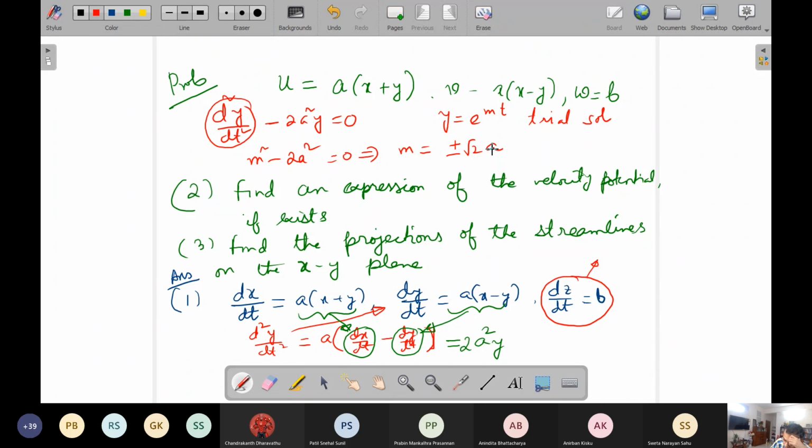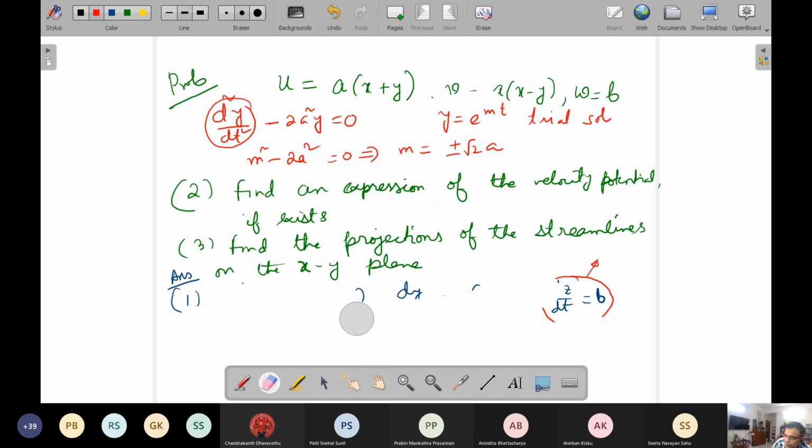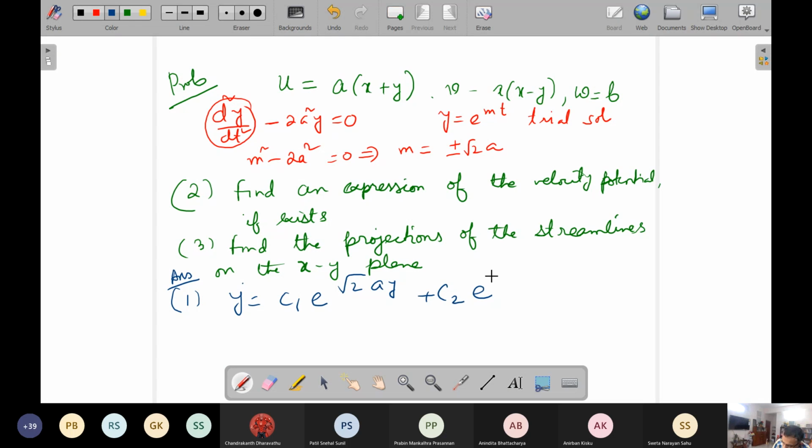So the solution is a linear combination of the two solutions. That means y equal to c1 e to the power root 2A t plus c2 e to the power minus root 2A t.